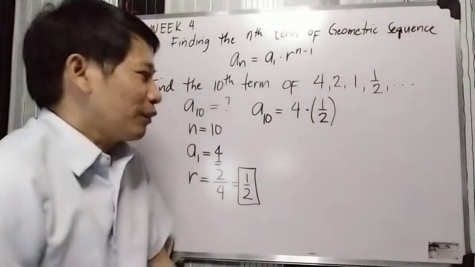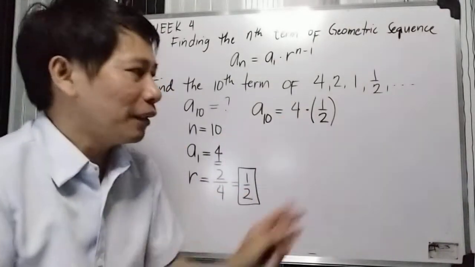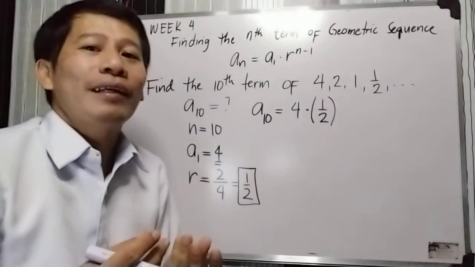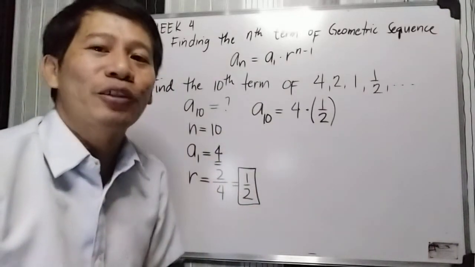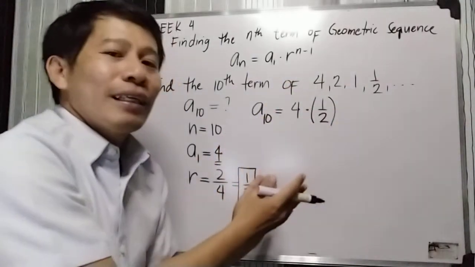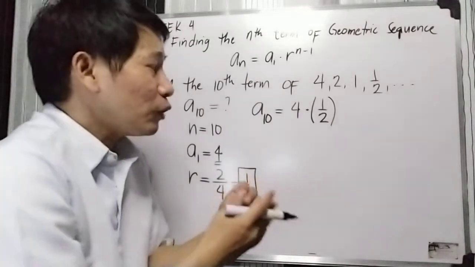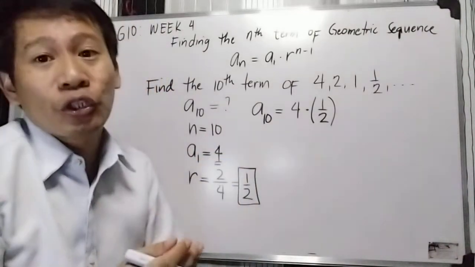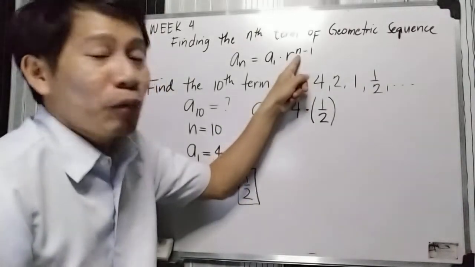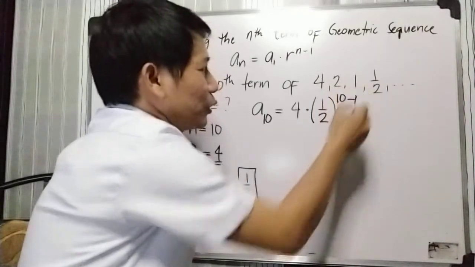Bakit? Kasi pag hindi natin siya in-enclose sa parentheses and ni-raise natin siya sa n minus 1, parang ang in-raise lang natin sa n minus 1 ay yung 1. So, the parentheses is used to denote that the whole fraction 1/2 is being raised to the exponent n minus 1, that is 10 minus 1.